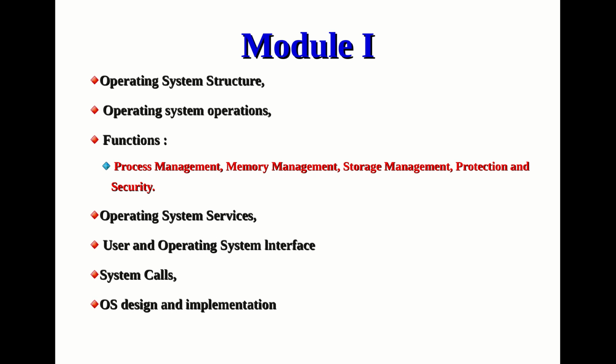So with that we complete the first module. We will be discussing module 2, which is going to be very interesting, the process management. The different mechanisms or algorithms used for job scheduling, CPU scheduling, etc. will be discussed in the second module.